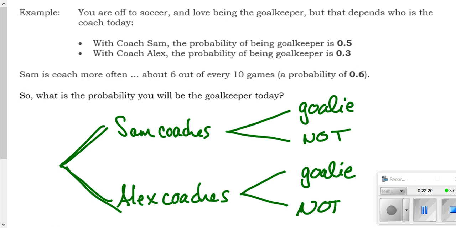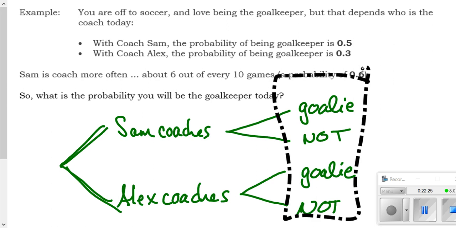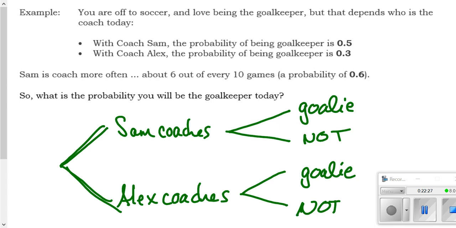So the first tier of branches was the choice of coach. The second tier of branches was the choice of goalie. If there was another decision to be made, I'd have another tier of branches.